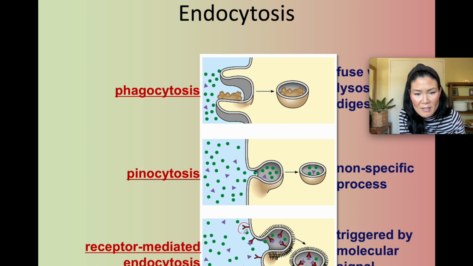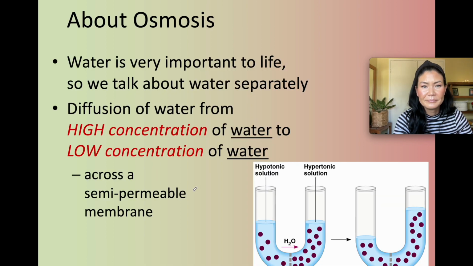The cell membrane has these receptor proteins that bind to these signals that are part of the solute on the outside. And once they attach to the receptor protein, it causes the cell to respond in such a way that the cell membrane folds inward and forms a vesicle, bringing in the substance, okay?